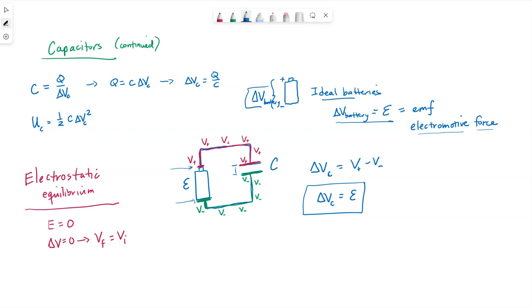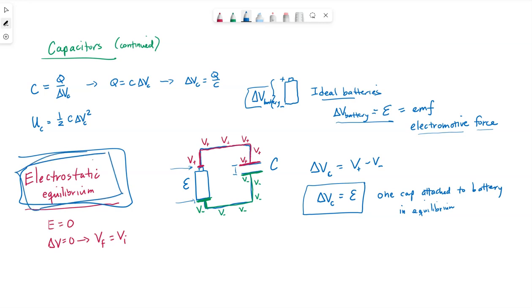This is always going to be true for one capacitor attached to a battery and that's in equilibrium. This electrostatic equilibrium that we've been talking about.